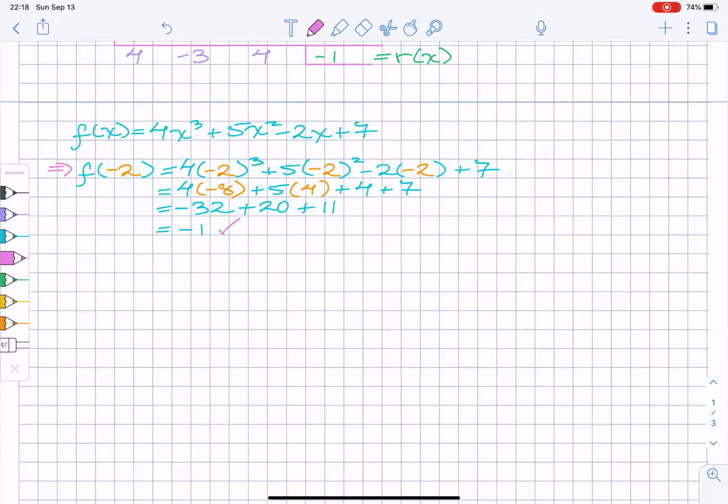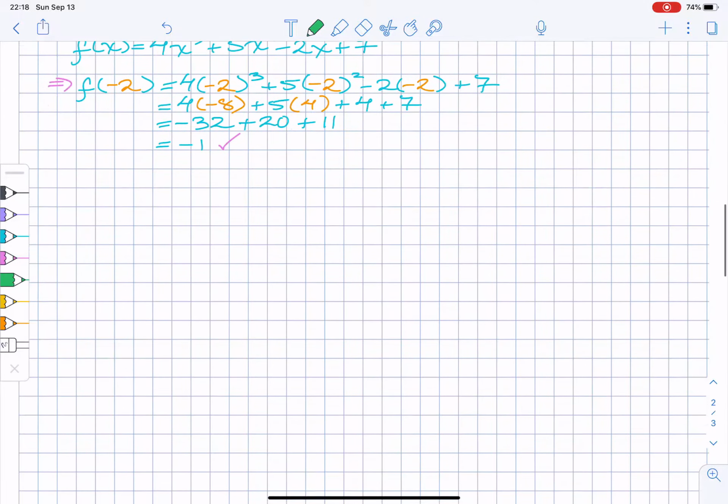Okay, so let's note. P of x can be thought of as q of x, the quotient, times the divisor, d of x, plus the remainder, r of x.